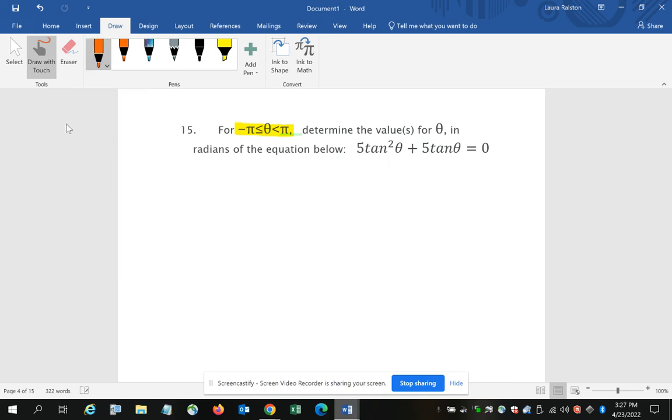And again, it needs to be in radians. So I have a common factor of 5 and a common factor of tangent. So I'm going to factor out 5 tangent theta. That leaves me with tangent theta plus 1, and that equals 0.